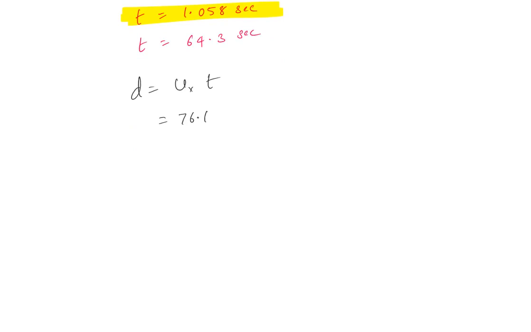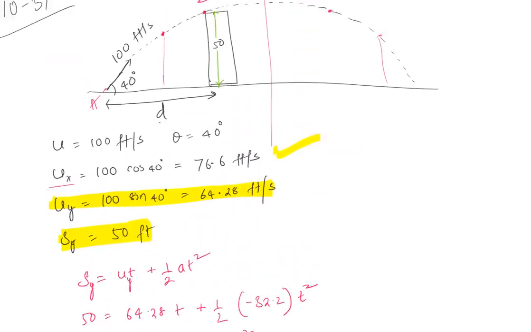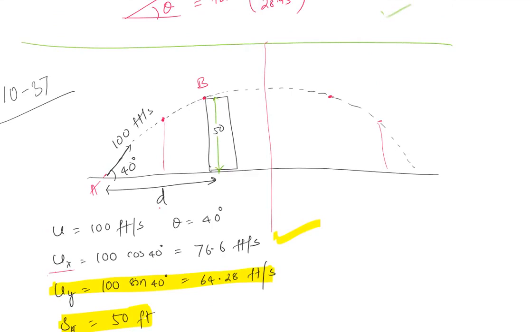Ux was 76.6, t is 1.058. So you get 81.04 feet. So this is the minimum distance. You should shoot this ball at an angle of 40 degrees with a velocity of 100 feet per second, so that it clears a building that is 50 feet tall.